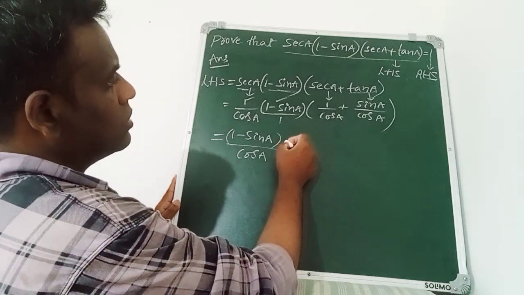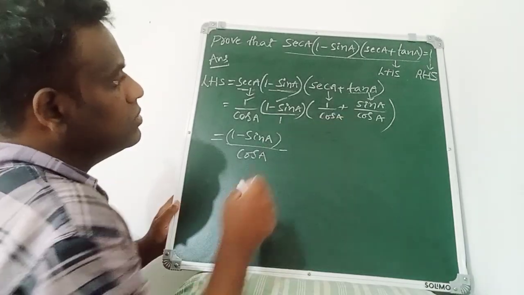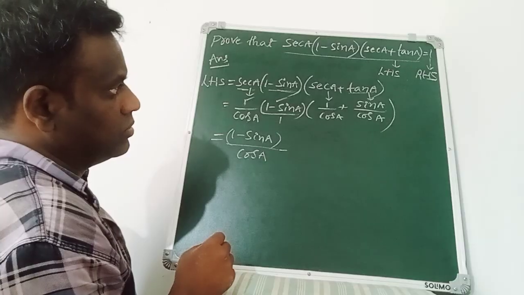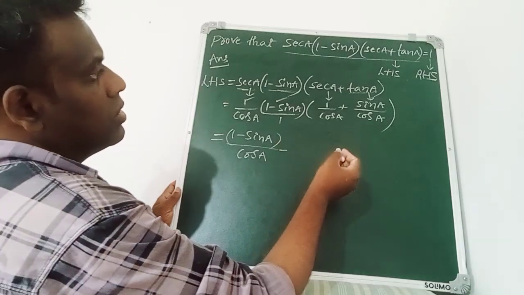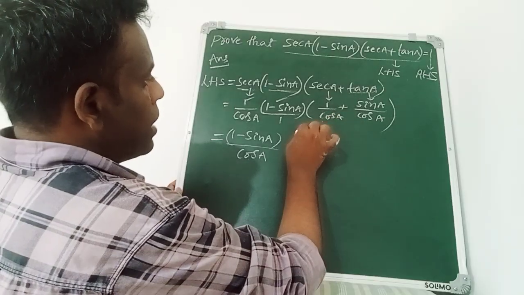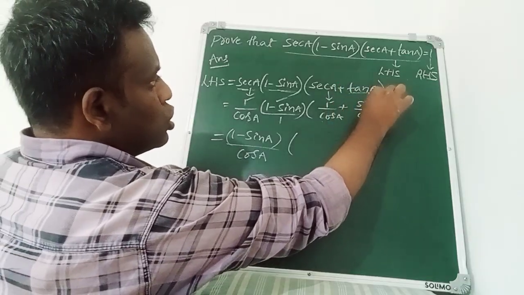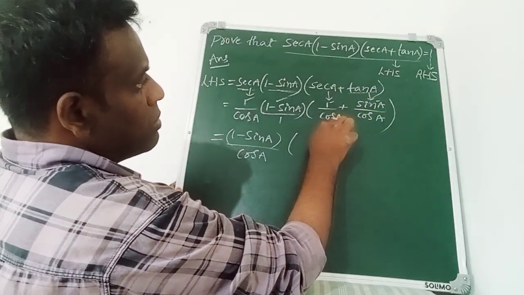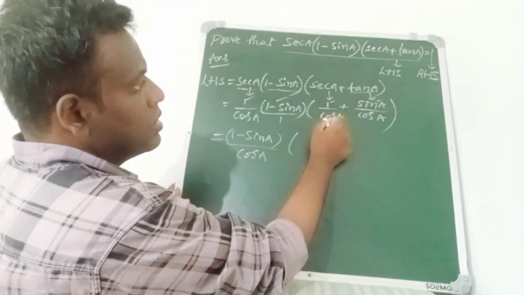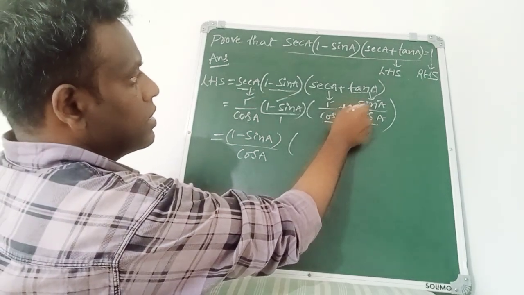Next, open the bracket first. See, these are the numerators, this is a numerator, this is a numerator, and this is in the denominator, this is in the denominator. We can see the denominators are the same, cos A, cos A, and there is a plus symbol here.